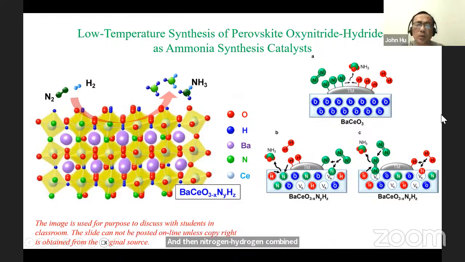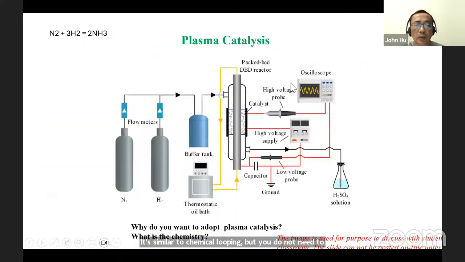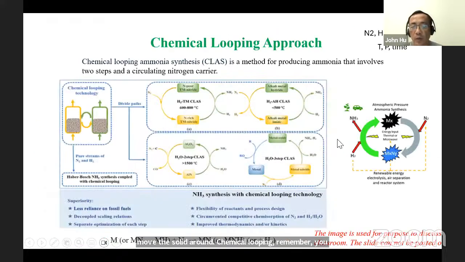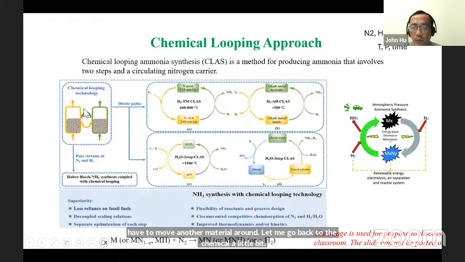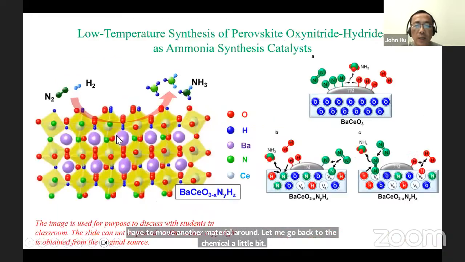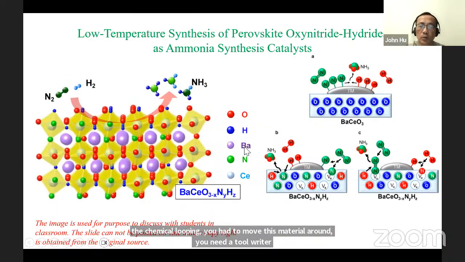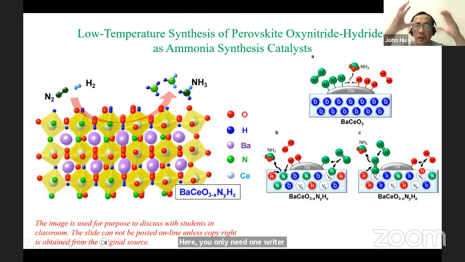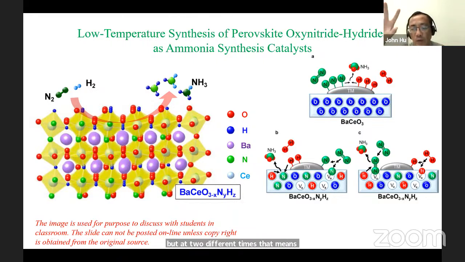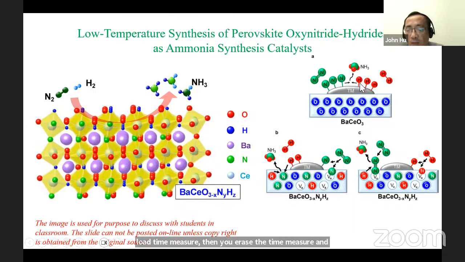It's similar to chemical looping, but you do not need to move the solid around. In chemical looping, remember, you have to move the material around. Let me go back to the chemical looping. See the chemical looping, you have to move this material around. You need two reactors. Here, you only need one reactor, but at two different times. That means low temperature, then you raise the temperature, and then the surface nitride and surface hydride are going to react with each other. Good, very good question. Make sense?